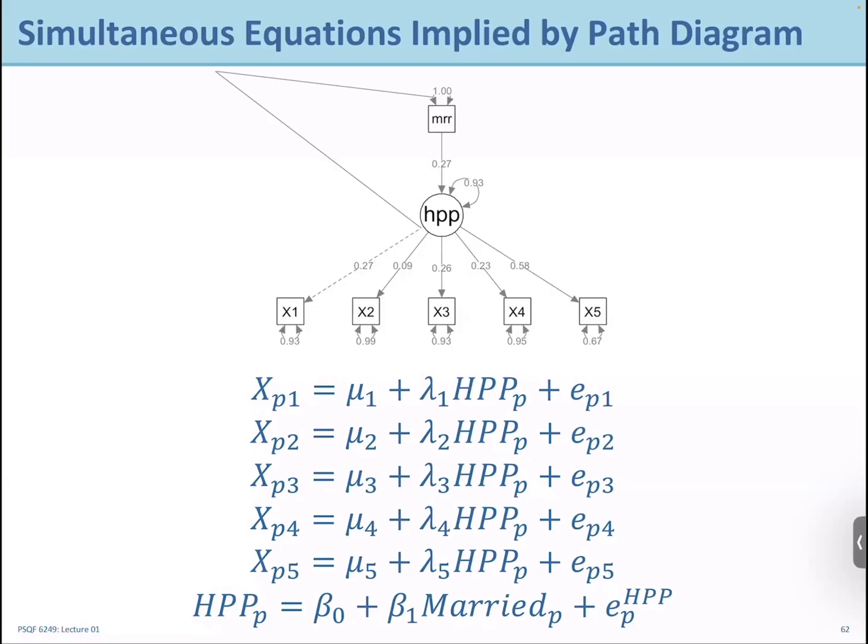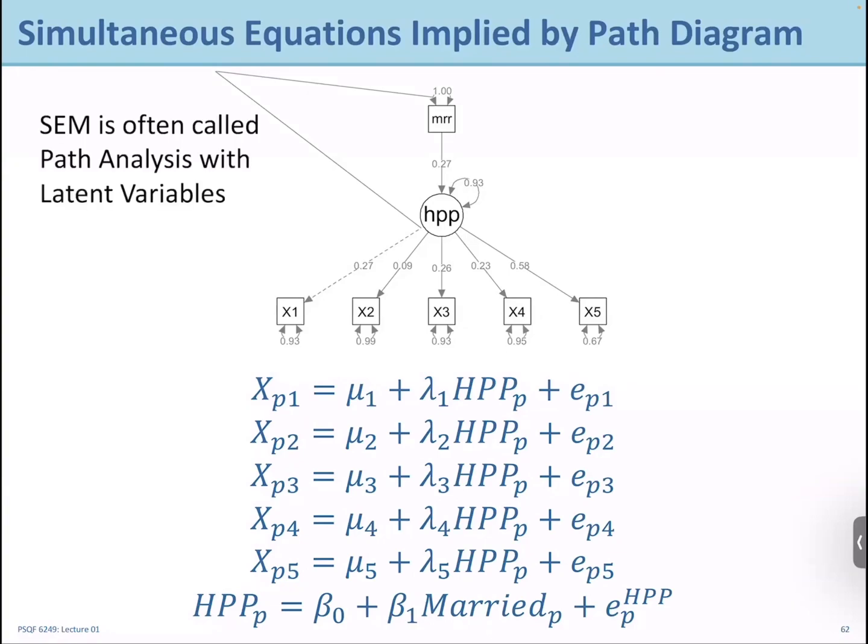So we could just put all this into one analysis and get the results. So I did this. And this is why SEM is often called path analysis with latent variables. If we didn't have this bottom line right here, and happiness was observed, this would be called a multivariate regression. But we'll get to that next week.